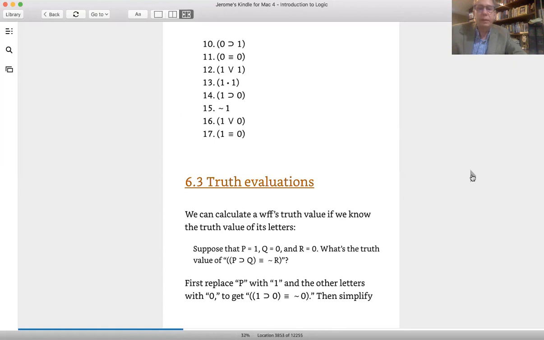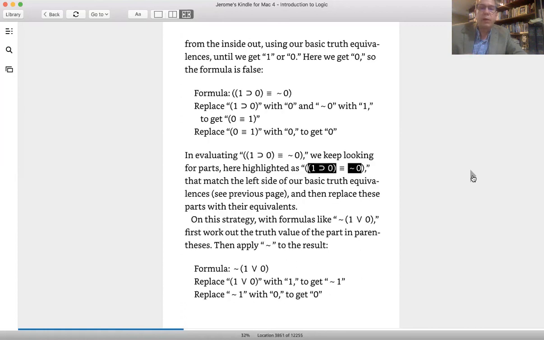Okay. So we can use that basic approach and determine more truth values in more complicated cases by substituting 0 and 1, and keeping in mind the rule that, and this is going to be important for a lot of things that we do from this point forward, in propositional logic, when we're working with parentheses and we're trying to calculate the truth value of a statement, we always work from inside out.